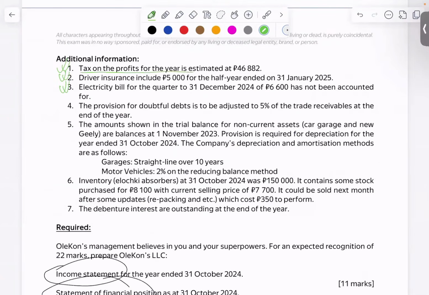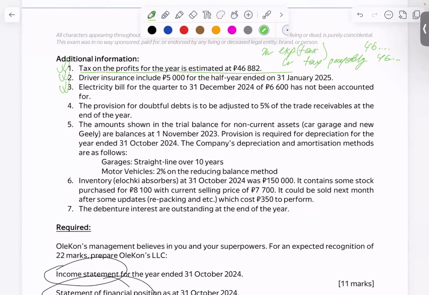Tax on the profit for the year is estimated at 46 and something. What should we do? We have to make an entry in our books stating the expense for the year on tax: debit tax expense, credit tax payable, tax liability, still unpaid, in the total amount of 46 and something.